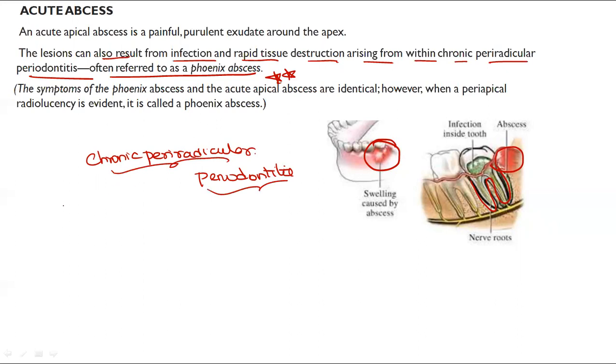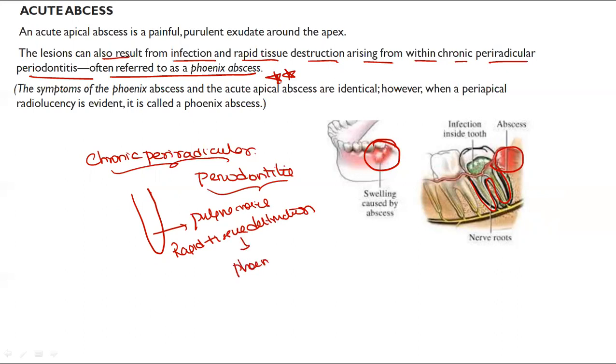So the patient might assume that, okay, there is not much problem. Just because there's no symptoms doesn't mean the pulp is healthy. It already, the pulp is necrosed. Because of this necrosis, an infection can arise and it will cause rapid tissue destruction and can lead to something called as phoenix abscess.